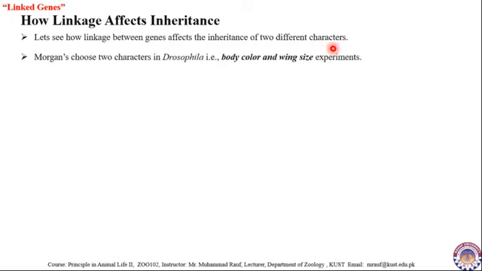Now, how linkage affects inheritance. Let's see how linkage between genes affects the inheritance of two different characters. T.H. Morgan chose two characters in Drosophila. One was body color and the other was wing size.